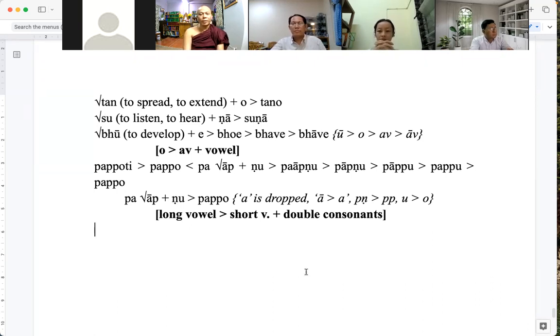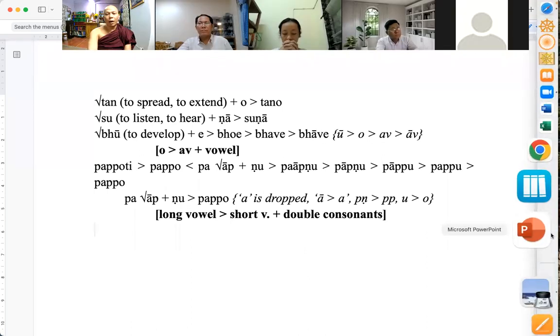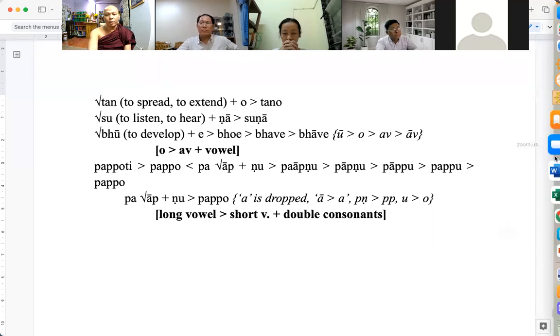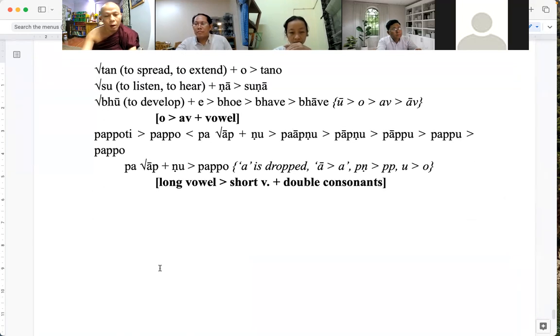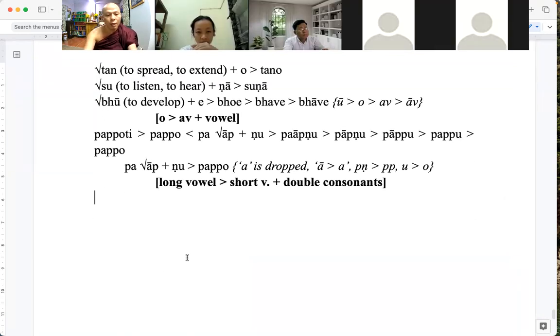We need to use a dictionary. And I recommend to use the dictionary printed by the PTS, Pali Text Society. You can have a soft copy online freely, or in the digital Pali reader you can also use it.